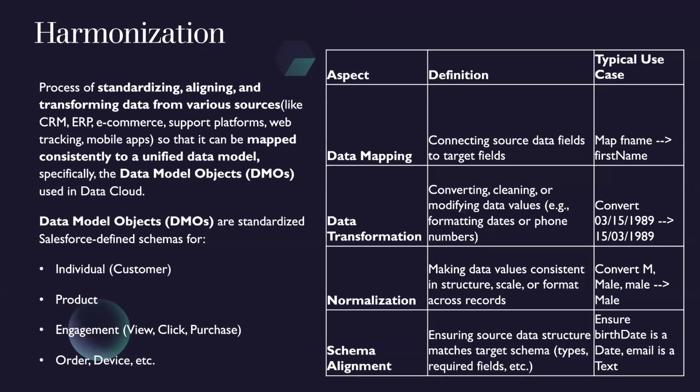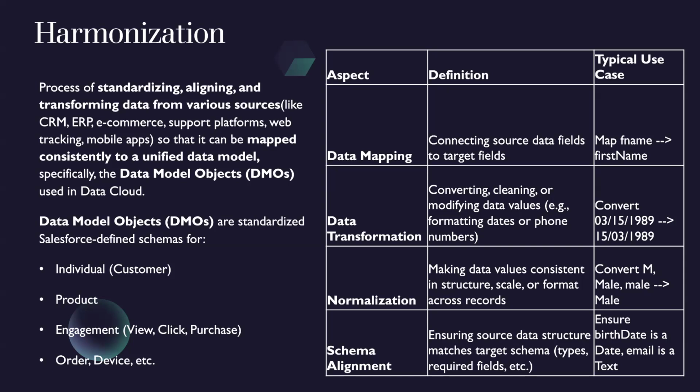So before we understand harmonization, when you onboard Data Cloud, you get some standard data model objects such as individual, product, engagement, order, devices, or many more.